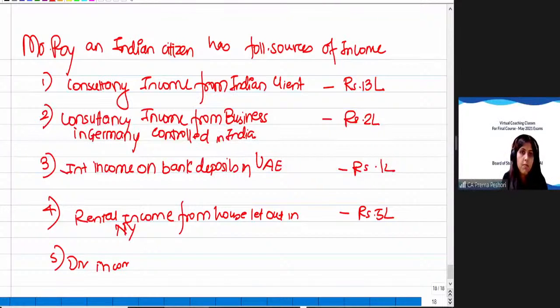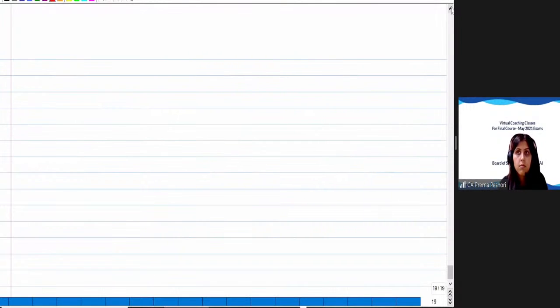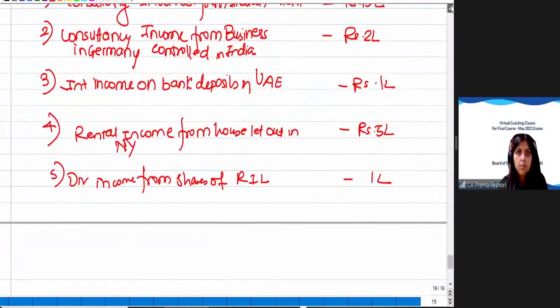Dividend income from shares of Reliance Industries Limited, 1 lakh. Salary in UAE, 20 lakhs.